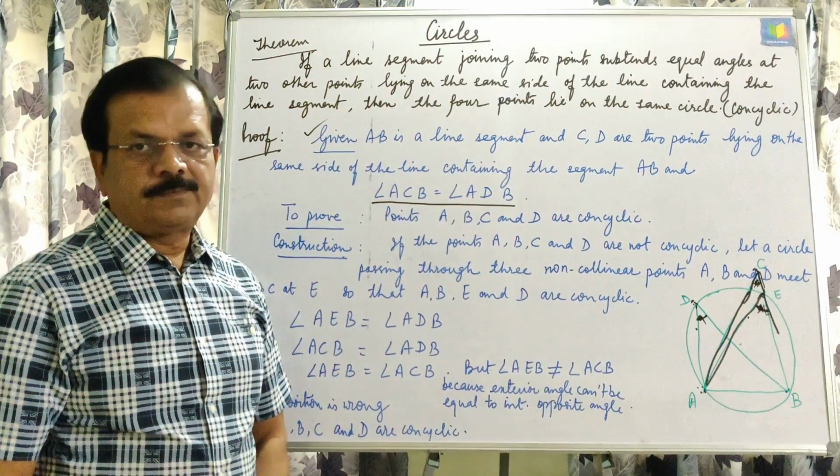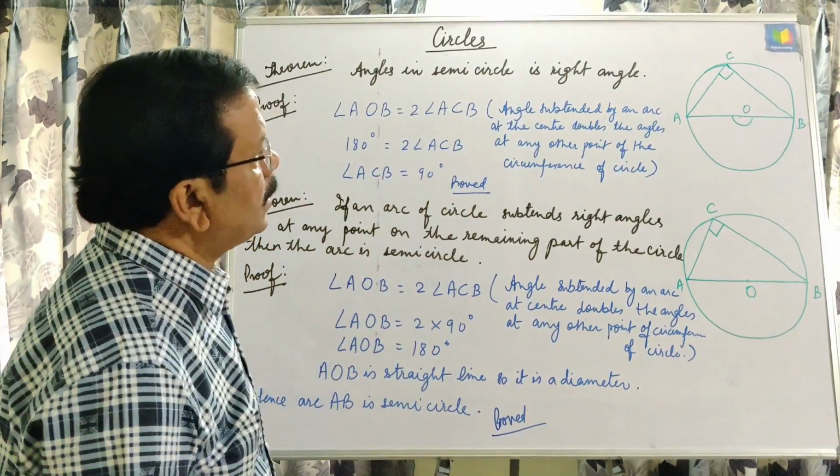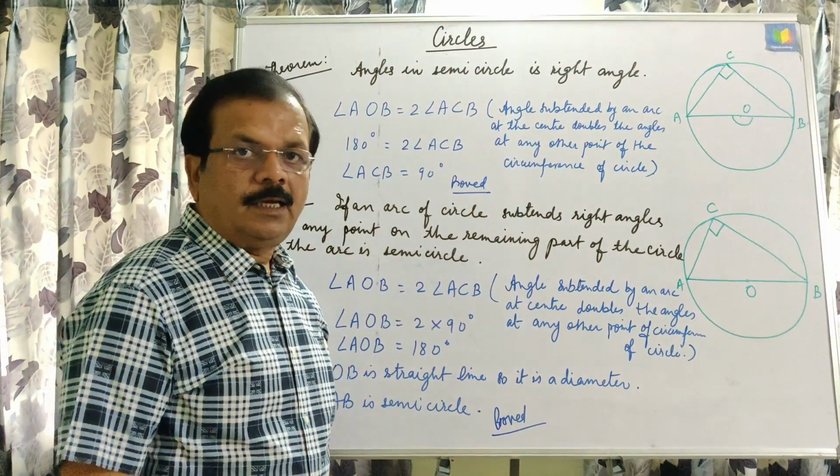Now next theorem. Angles in a semicircle is a right angle.